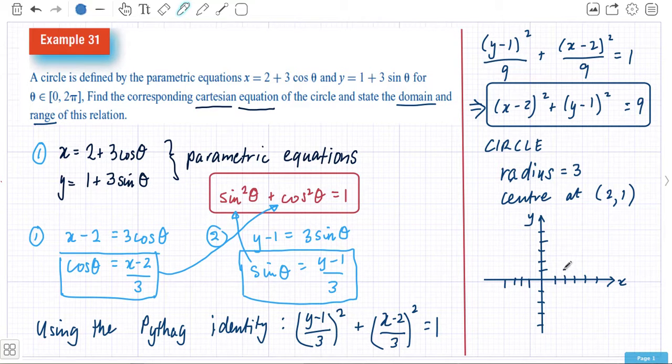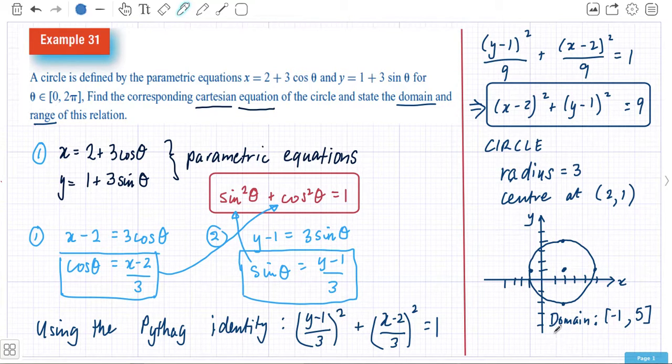Okay, so our centre is at 2, 1. We have to move 3 in each direction. 1, 2, 3, 1, 2, 3, 1, 2, 3, and 1, 2, 3 for our circle. And you can see here that our domain, so remember that's going from left to right, goes from -1 inclusive over to 2, 3, 4, 5, because you're adding 3 onto that 2.